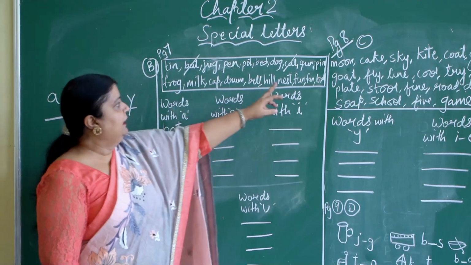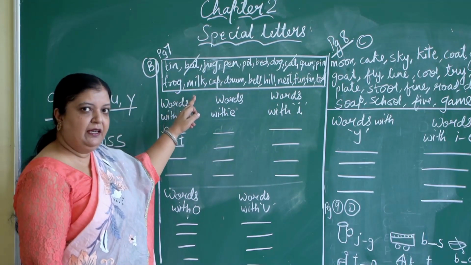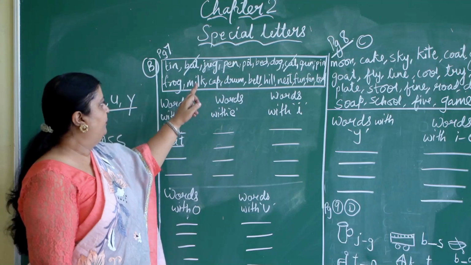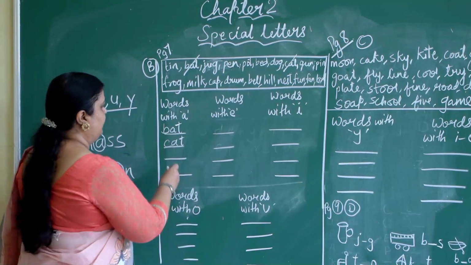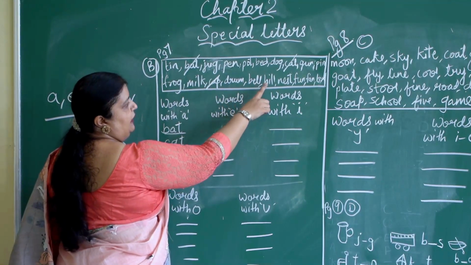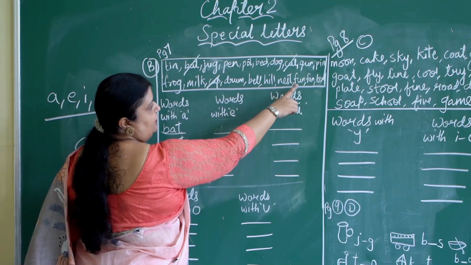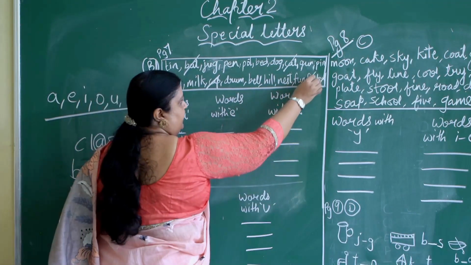Okay? Then gun, pin, frog, milk. Does milk have a special letter A? No. Cap, yes, it has special letter A. C-A-P. Drum, bell, hill, nest, fun, fan. Yes, fan has special letter A.